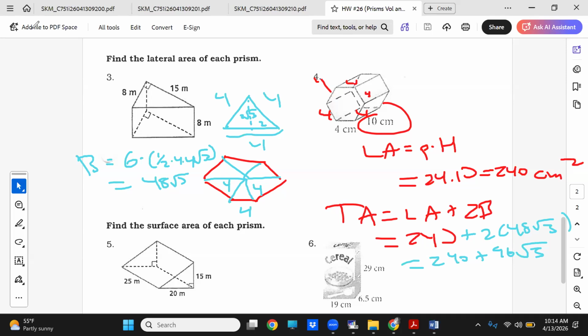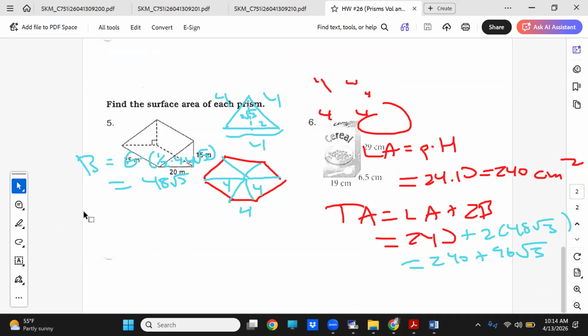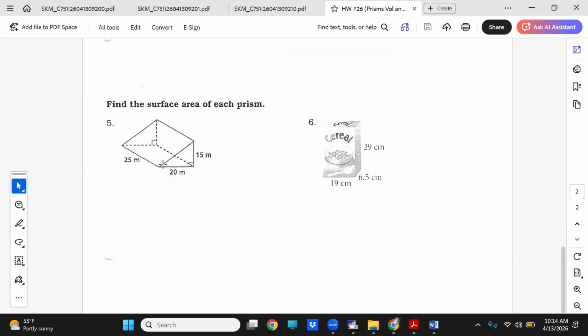Last one, we'll look at number five. What's your base here? And by the way, it's total surface area. Is it the rectangular part or the triangular part? Because you need to have that mirror image on the other side, right? If I do Pythagorean theorem, that's 25, by the way.